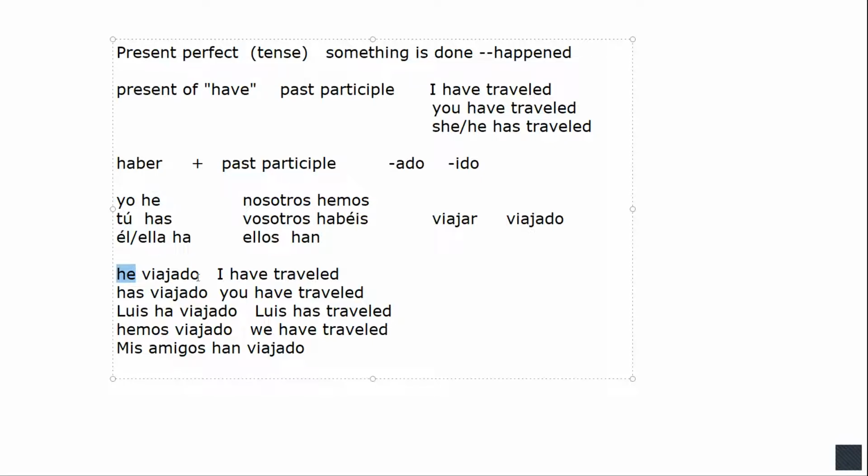But the reason it is kind of helpful is that all you really need to conjugate is one verb, haber, into he, has, ha, hemos, habéis, or han. And then you just have to know the past participle.